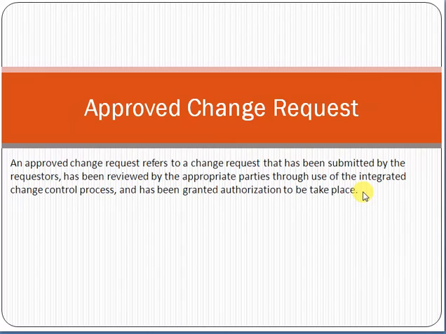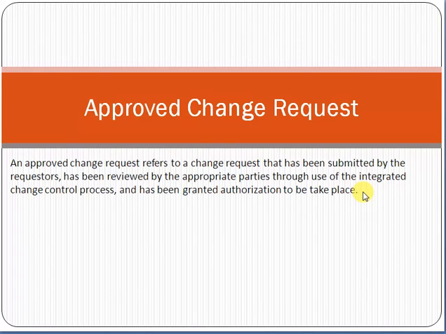So an approved change request means that as a project manager you submitted a change, and before submission you evaluated the impacts on the key factors of the project like scope, time, cost and other associated risks, and after evaluation you submitted it to the concerned authorities like the CTO, CEO, the change control board who have the authority to approve the change request.